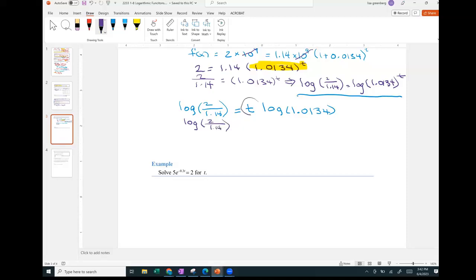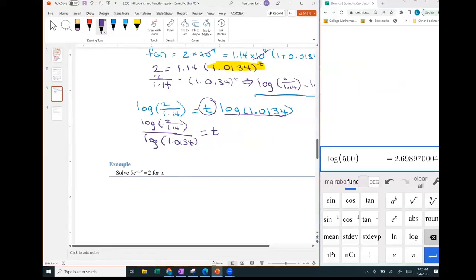And if I want to solve for t, I can divide both sides by the log of 1.0134, right? That's going to leave me with t.